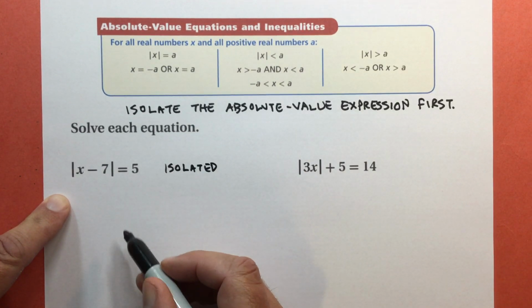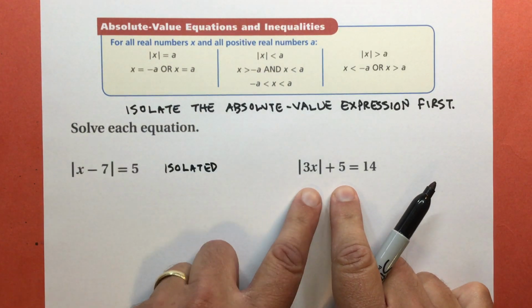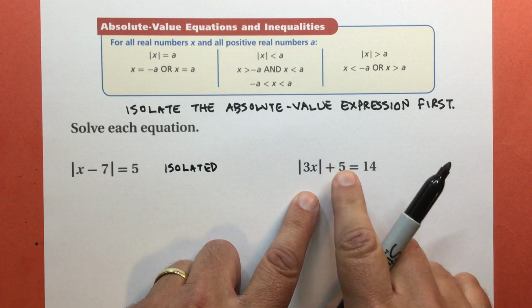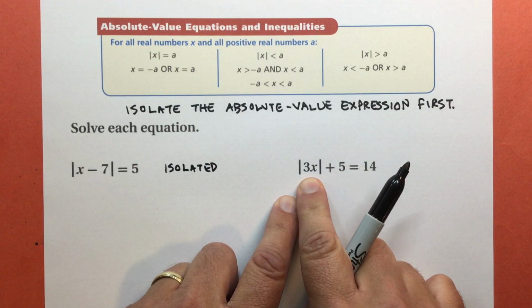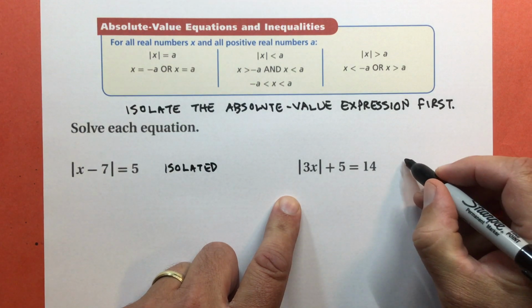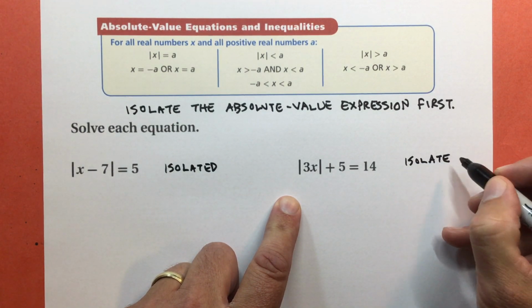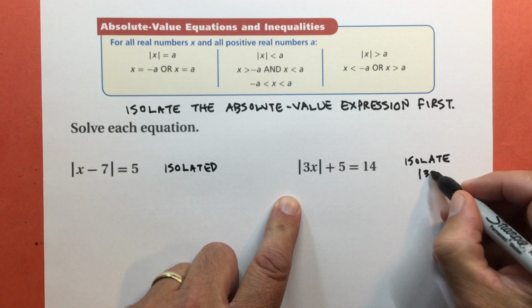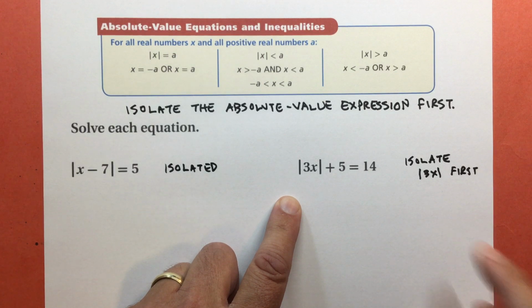I can start by breaking this apart and solving. Before I do that, I want to show you this one. I'm showing them side by side. The plus 5 is outside of the absolute value bars. So this one I have to isolate, and isolate means get by itself, the absolute value of 3x first. So I'll show you how to do that.